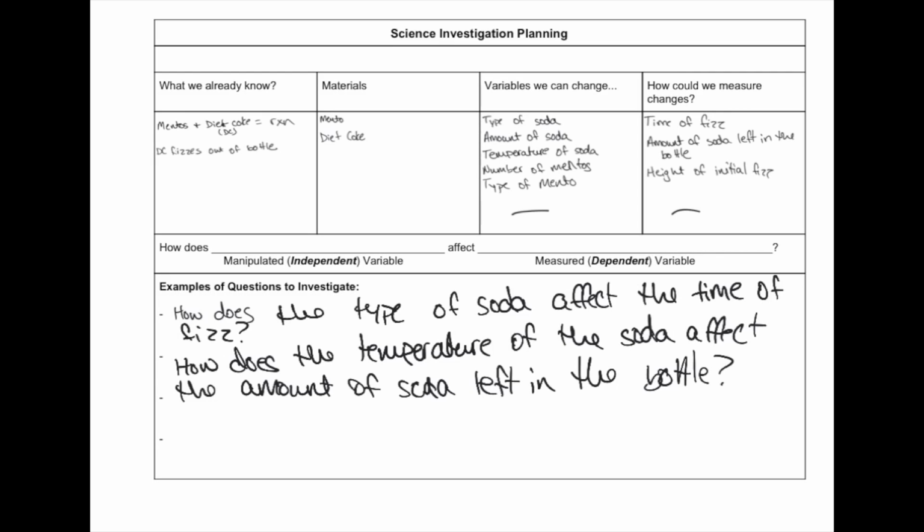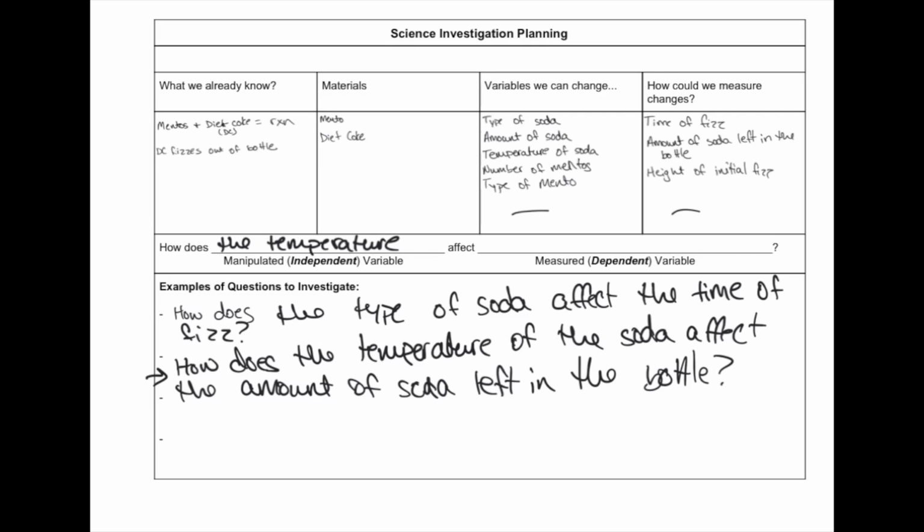So the one that I'm going to ask for my personal investigation, because I was interested in this, is this second question that I just wrote, right? So that's the question that I'm going to select. So how does the temperature, right? And so that's what we're going to be able to change. Okay, that's our manipulated variable or our independent variable.